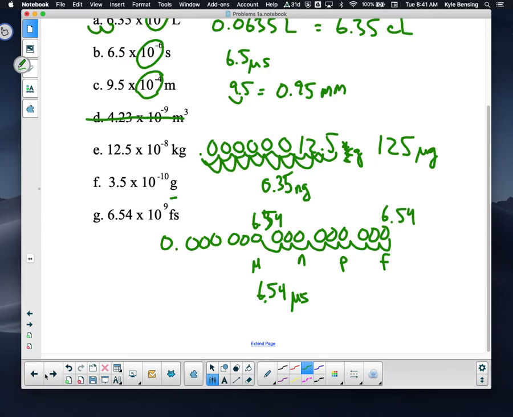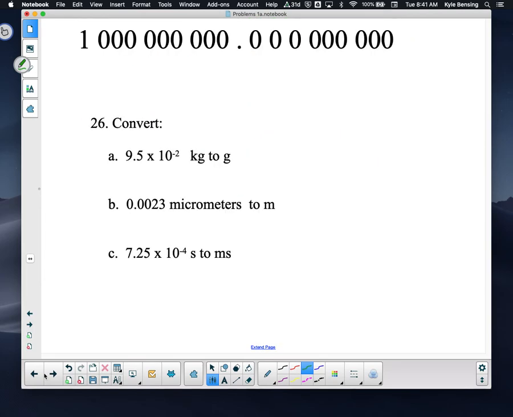26 is even easier. It's the same thing. Giga, mega, kilo, base units, deci, centi, milli, micro, nano. There we go. So I'm converting 9.5 times 10 to the negative 2 kilograms to grams.